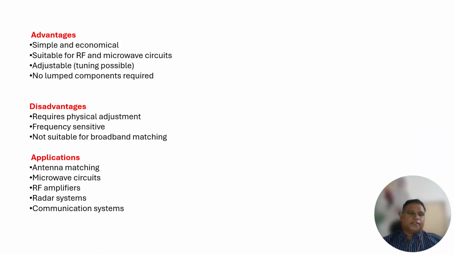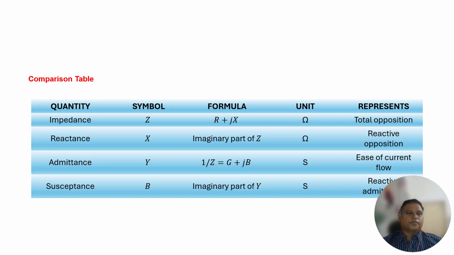The advantages are that it is simple and economical, suitable for RF and microwave circuits, adjustable tuning is possible, and no lumped components are required. Disadvantages: it requires physical adjustment, is frequency sensitive, and is not suitable for broadband matching. Applications: they are used in antenna matching, microwave circuits, RF amplifiers, radar systems and communication systems.